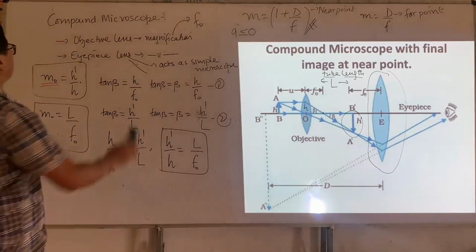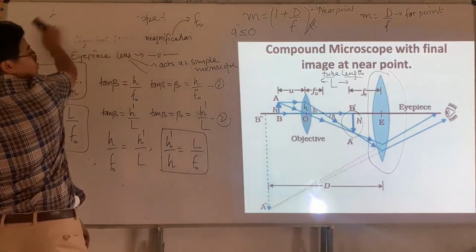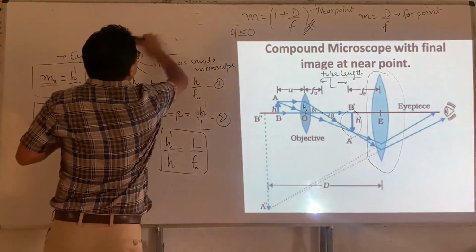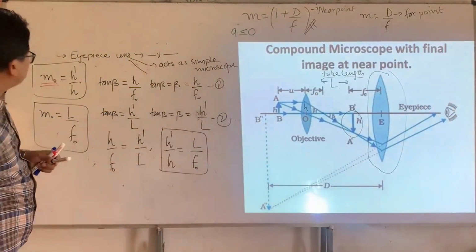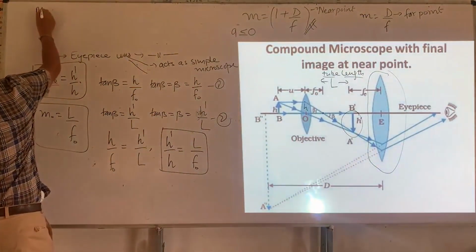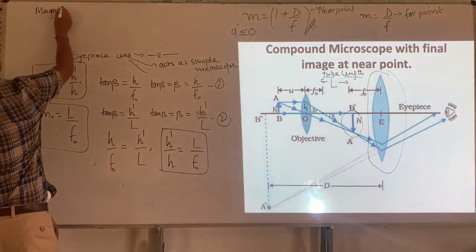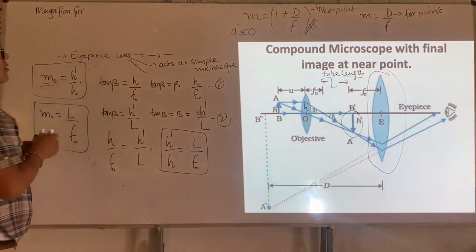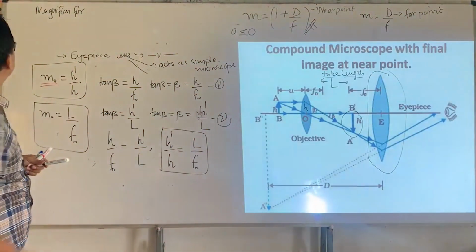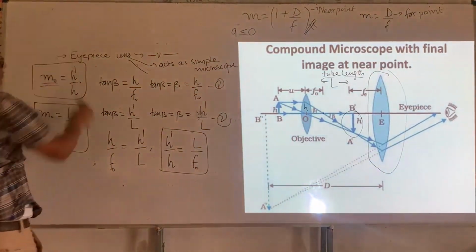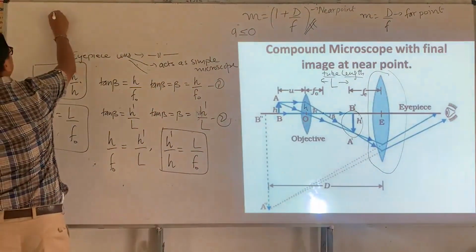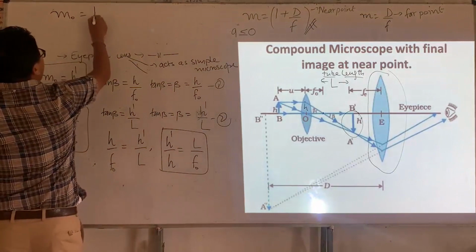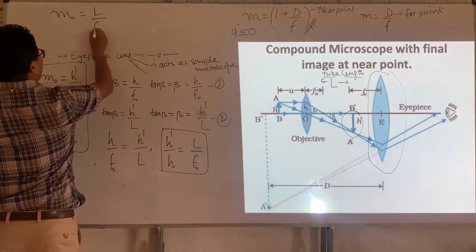So I'll write at top, magnification for objective lens is equal to L divided by F naught.